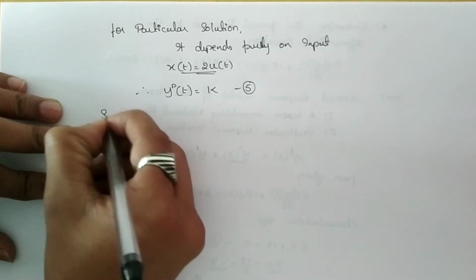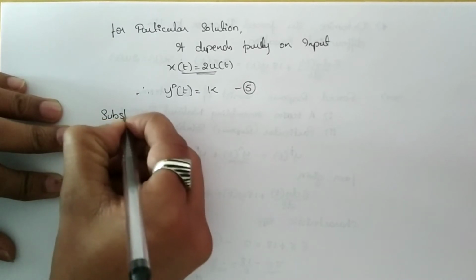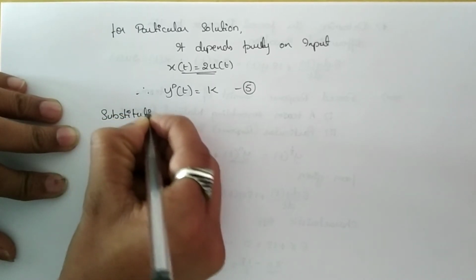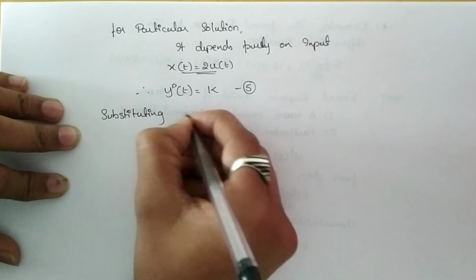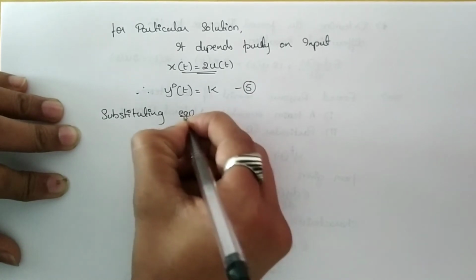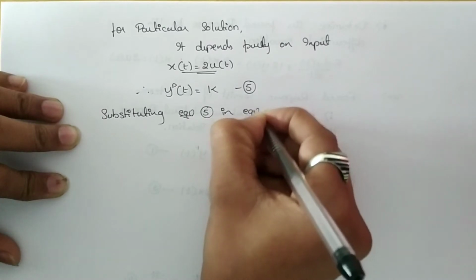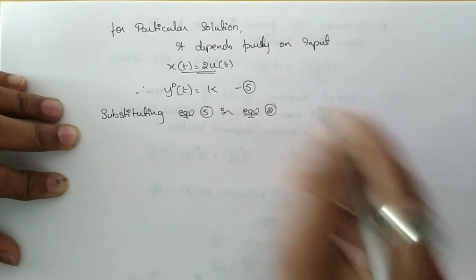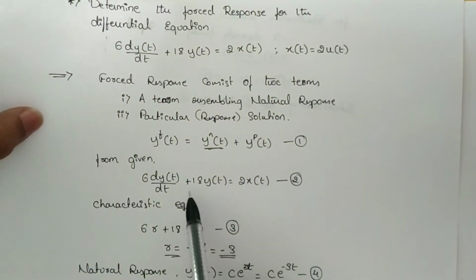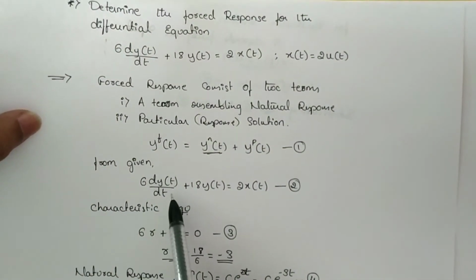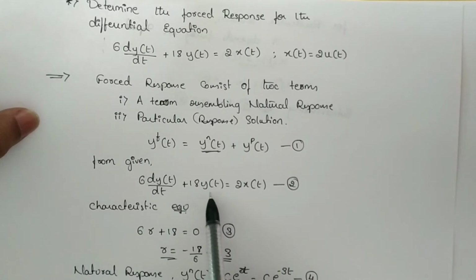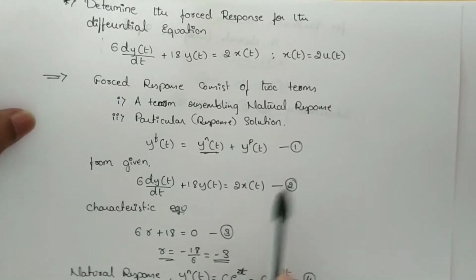Now, substituting equation 5 in equation number 2. Equation number 2 is the given expression 6 dy(t)/dt + 18y(t) = 2x(t).